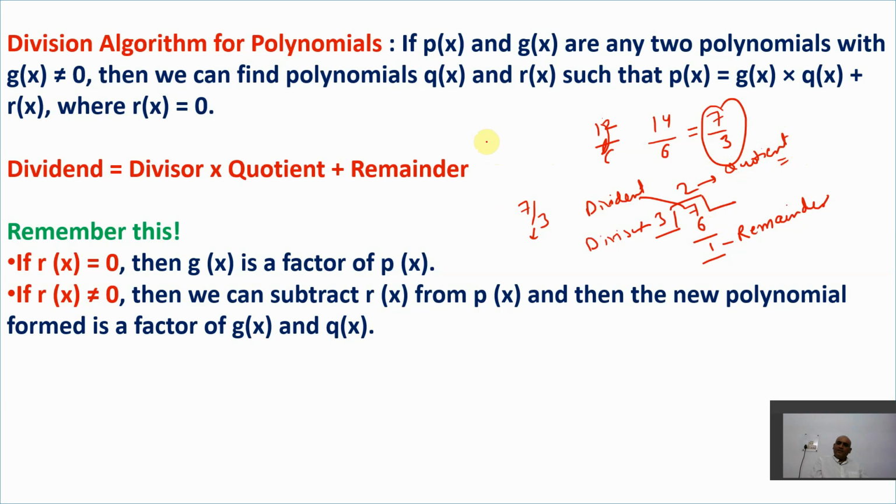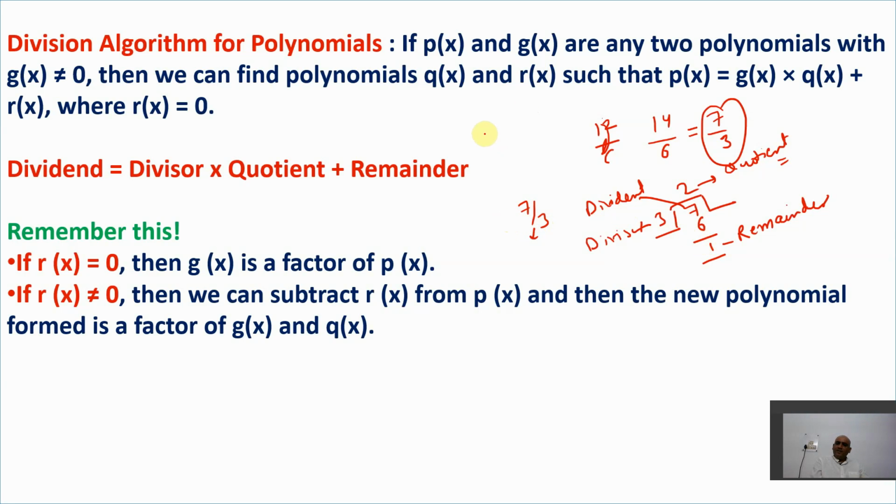See what I have done. I have multiplied 3 by 2, which means I have taken the multiples of 3 in order to reach 7. But there is no number which exactly divides 7 by 3. So that's why the remainder has come as 1.